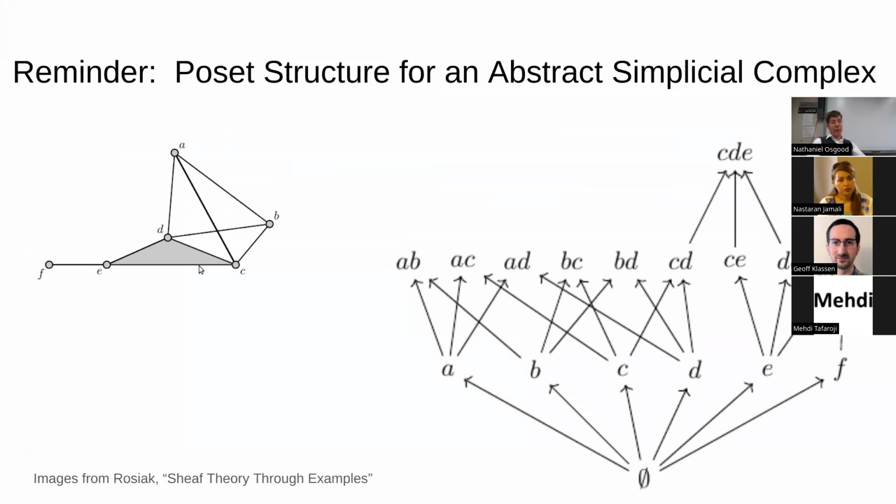We call these faces of the triangle, or these edges. The faces of this edge are these vertices. The faces of a solid tetrahedron are its triangles. So this is our face poset.